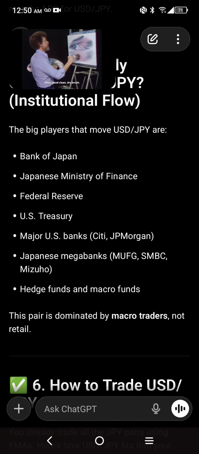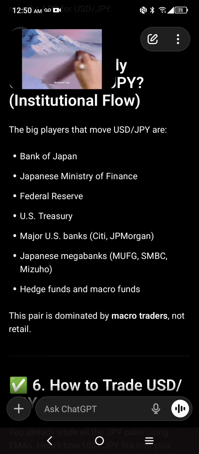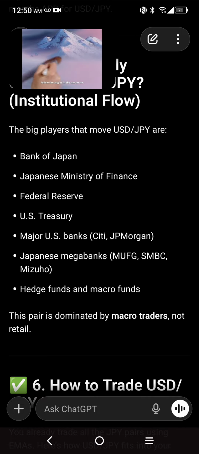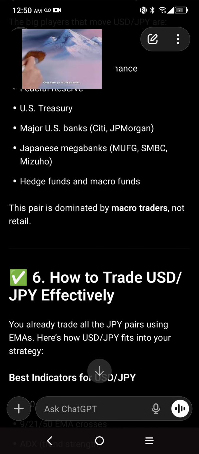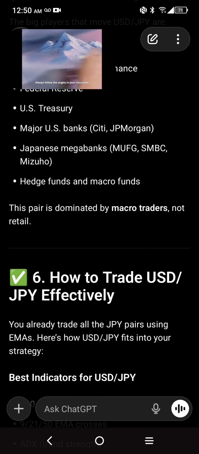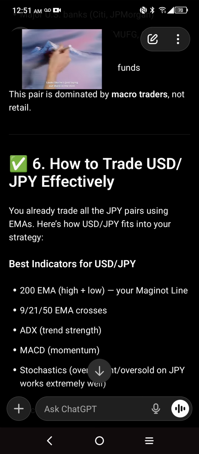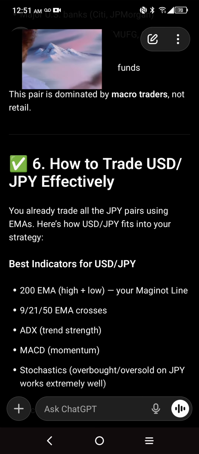Okay, and I'm a retail trader, and you're a retail trader. So you're basically playing and swimming in the water with the biggest boys out there. All right, the people who got trillions and multi billions at their disposal. Okay, how to trade USD/JPY effectively. You already trade all the JPY pairs.